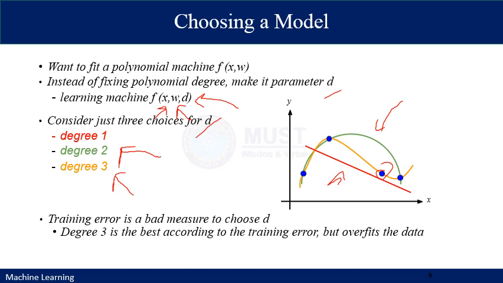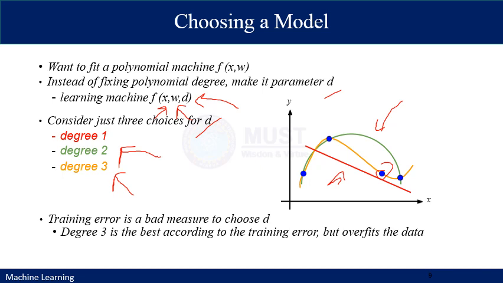Training error is one parameter to judge the accuracy or goodness of your model, but it is not the ultimate criterion. In this case, the training error is a bad measure for choosing the degree of the polynomial.